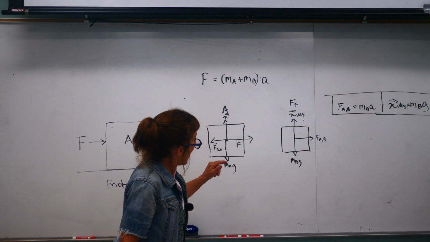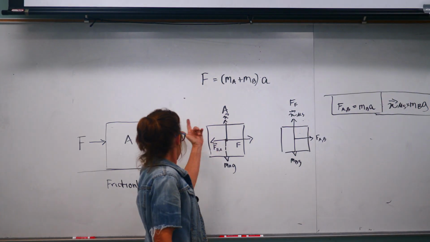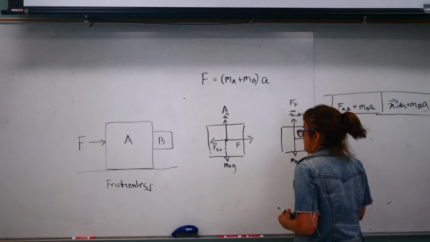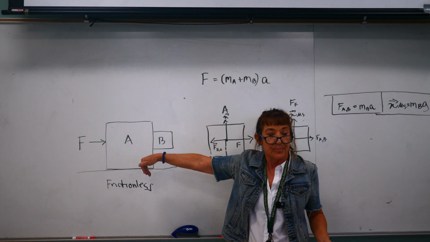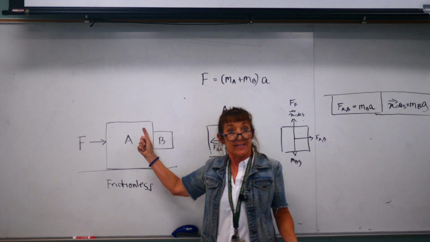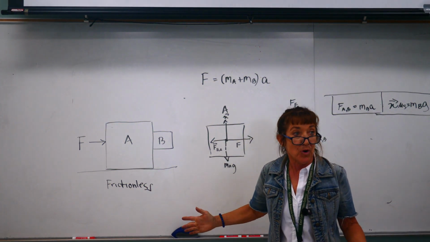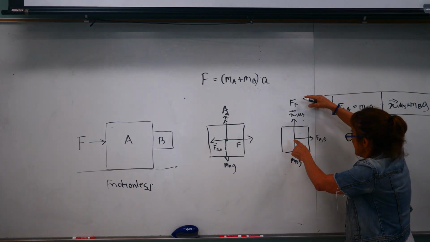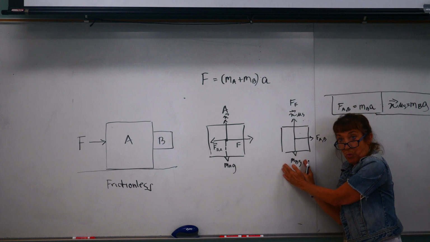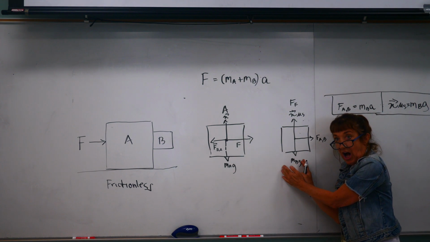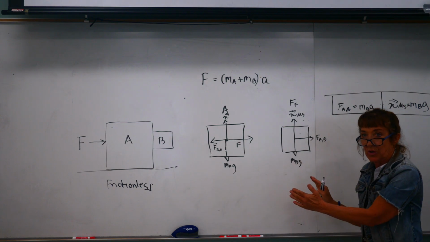Okay. Now I have block B. Block B wants to slide down, and friction is keeping it up. And it's not moving. So those two forces, the friction force and the mass of B times g, the weight of the block, are equal, right? It's in equilibrium.